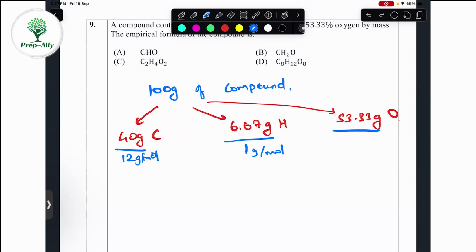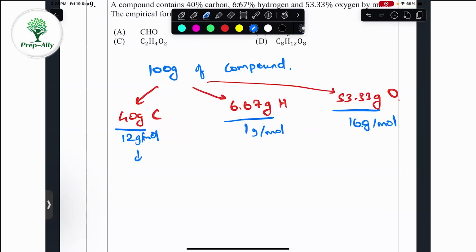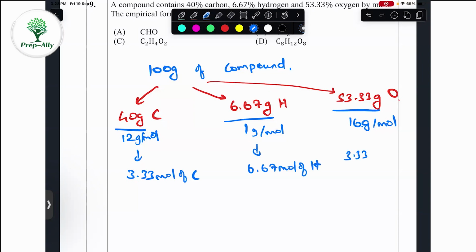Oxygen will be around 16 gram per mole. So I can get here 40 by 12, 3.33. And here mole of hydrogen, and here again 3.33.